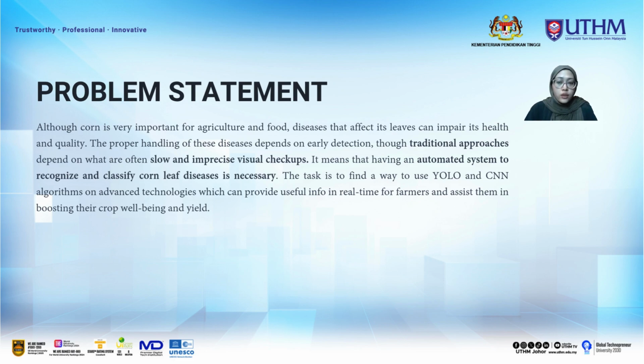By having the automated system, they can use it in real time. It also provides useful information for the farmers and assists them in boosting their crop well-being and yield.